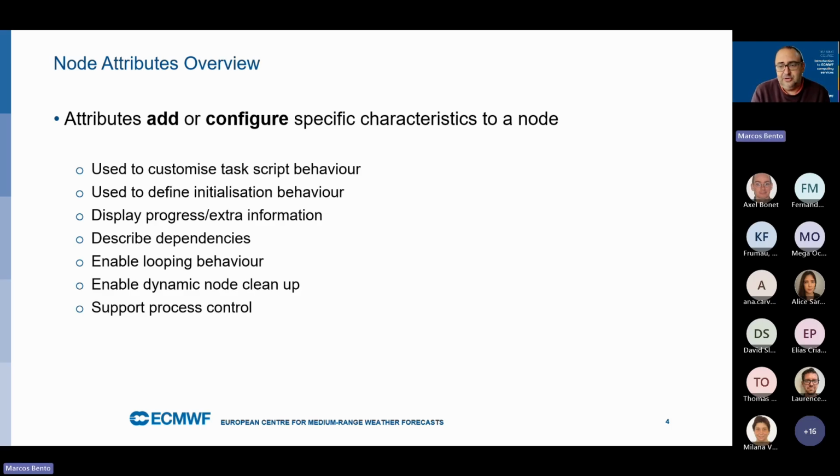Of course, they describe dependencies between nodes. They enable looping behavior, or even some cleanup of the nodes. It can be done automatically or dynamically. I'm not even going to talk about process control, but maybe I will.